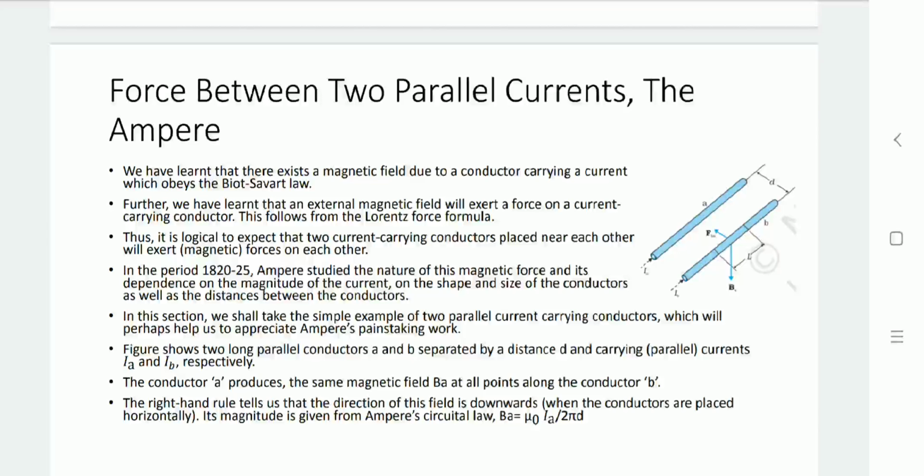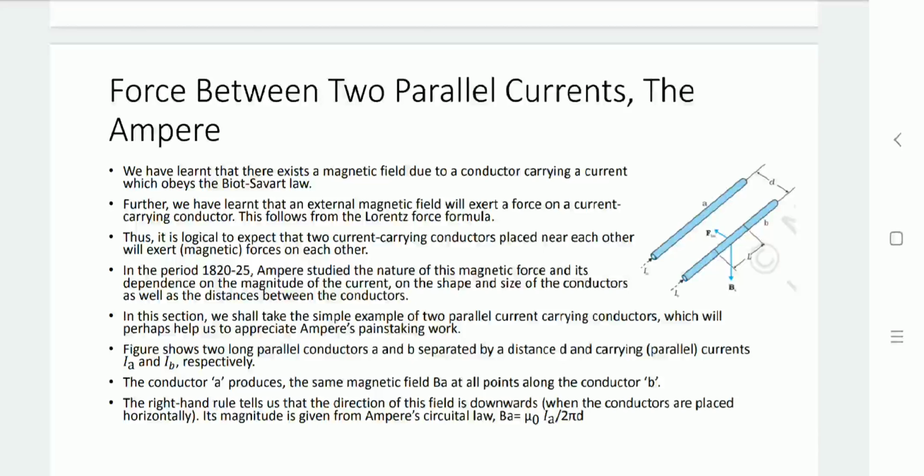So two conductors are there, both having a constant current flowing through them, both having a magnetic field. As both are placed in parallel, the magnetic field affects each other. For that, we take a simple example of current carrying conductors placed parallel to each other.